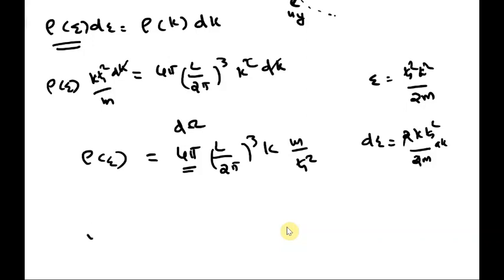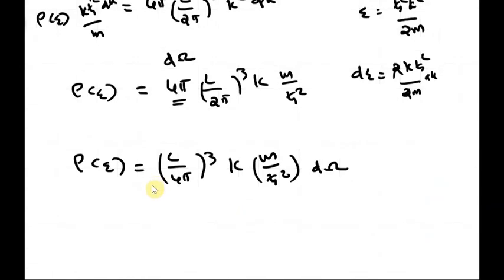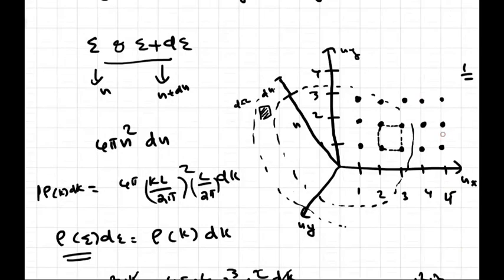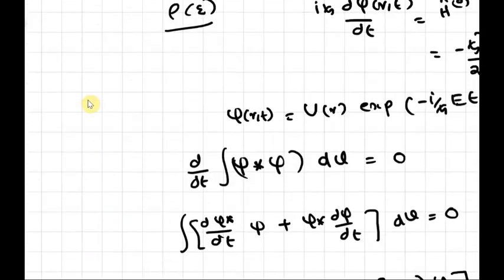So this is your rho of E finally: L by 4 pi whole cube, k m by h cross square, d omega. So rho of E we wanted to find out and we obtained it now, and now we can directly substitute this into our W equation.